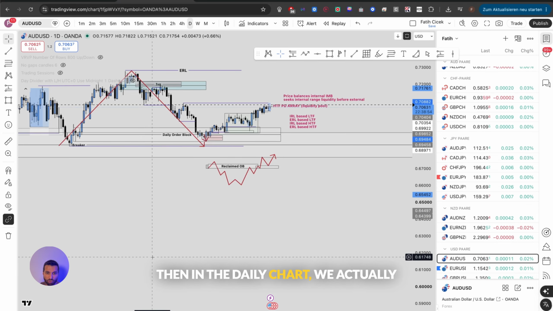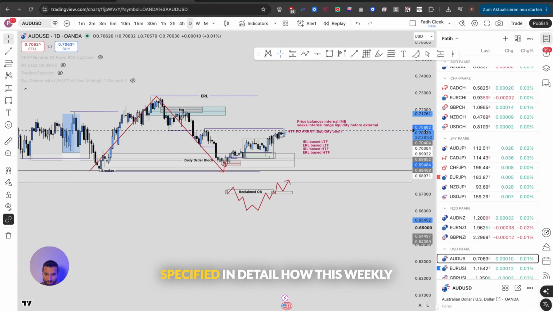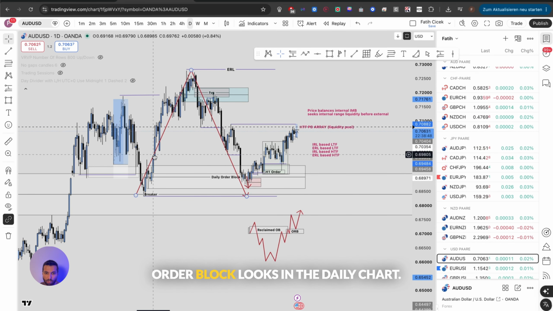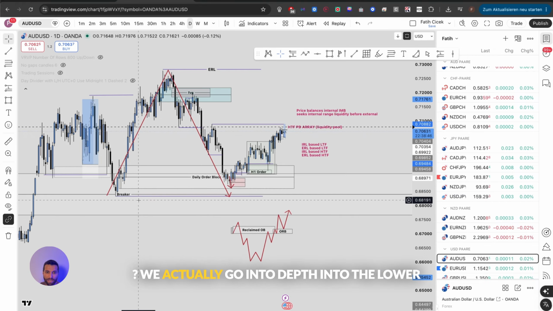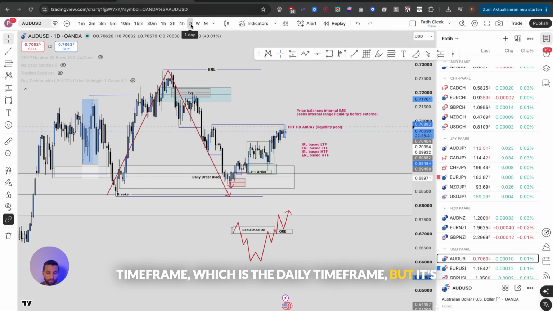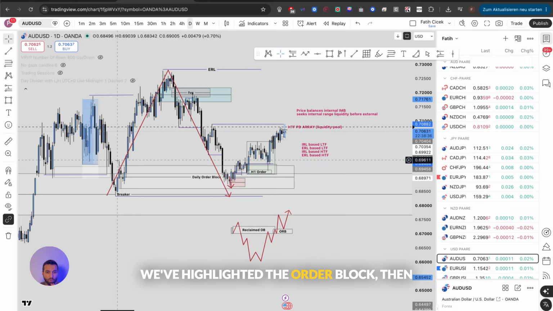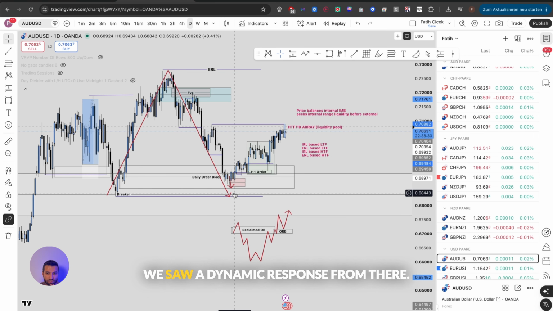Then in the daily chart, we actually specified in detail how this weekly order block looks in the daily chart. We actually got into depth into the lower time frame, which is the daily time frame, but it's relatively low compared to the weekly time frame. We've highlighted the order block. Then we saw a dynamic response from there.